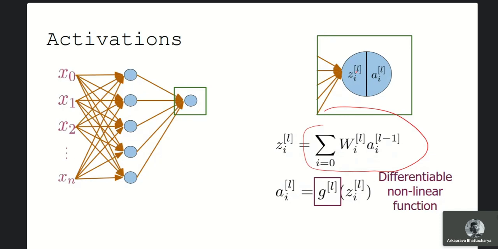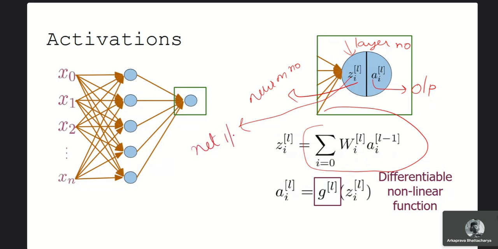L is the layer number, since when we talk of neural networks, we generally talk of layered architectures. I denotes the neuron number, the activation is the output of this neuron, and Z is the net input that this neuron is receiving.